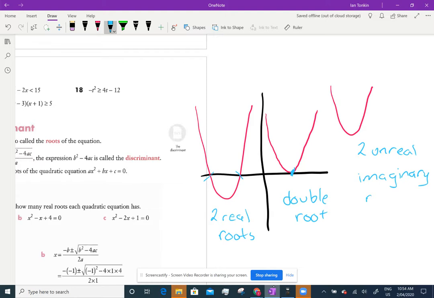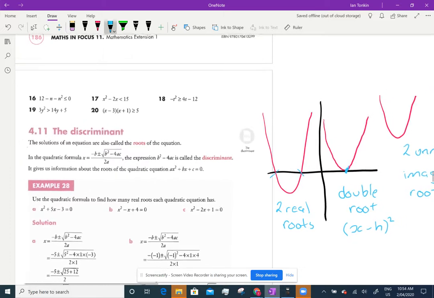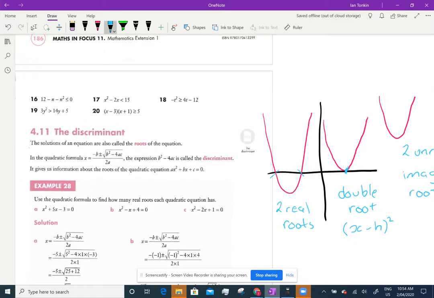You don't have to worry about finding them, you just have to understand that there are always two. This will always be x minus something all squared, which is what we did in our elective class when we looked at the quadratic equation and moving parabolas.